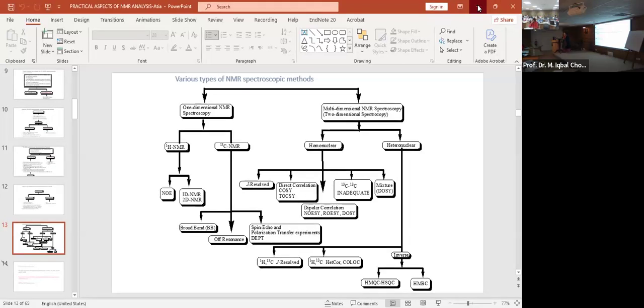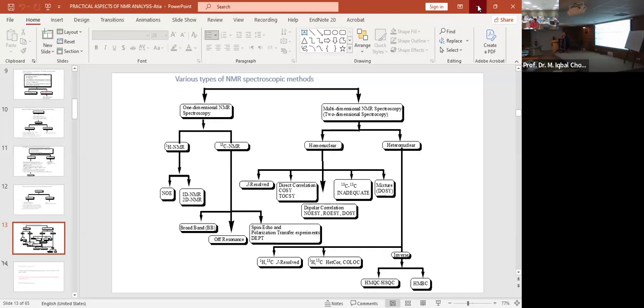The spin quantum number of N14, not N15, is 1. The formula is 2I plus 1. So I is 1, 2I plus 1 means 3. So what would be the states? -1, 0, plus 1.